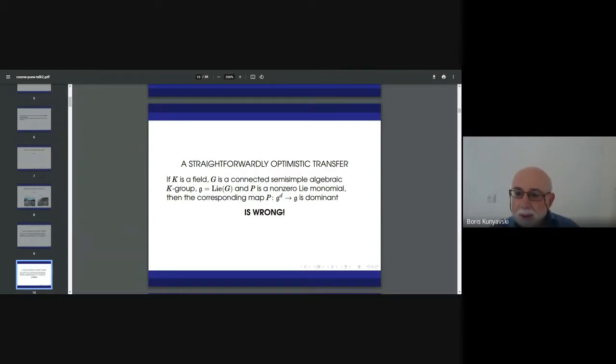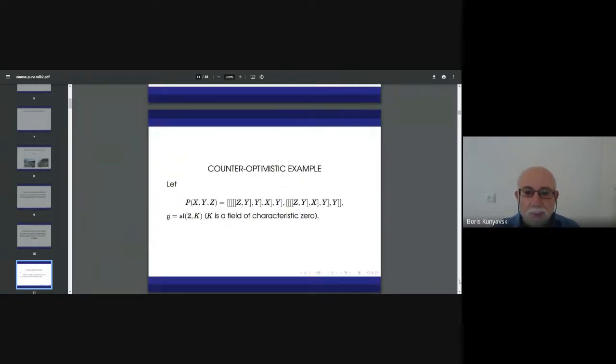Why? Well, to convince you, let me show you an explicit counterexample, which is very counter-optimistic, because the polynomial is, after all, not so complicated. You consider the bracket of two brackets, each of those containing 5 terms.